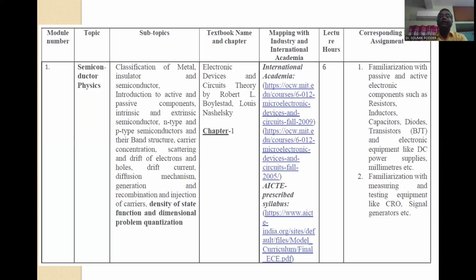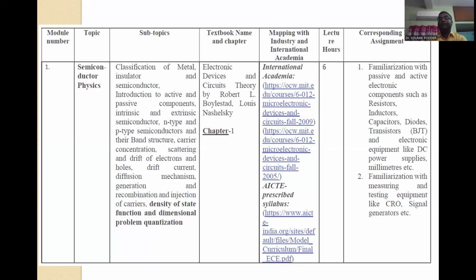I have already discussed the previous topics, and today I will be delivering one of the most important topics occurring inside the semiconductor, that is generation, recombination and injection of the carriers.